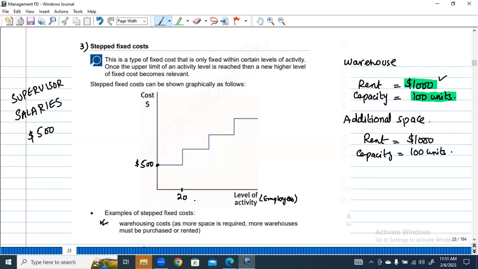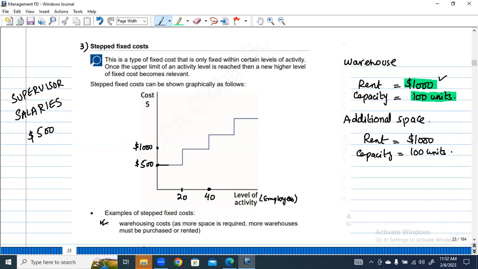But when, for example, the company needs to hire more employees, and the employees go above 20, you need to hire one more supervisor, and you will pay more salary. So the salary of one was 500, so the salary of two will be 1000. And he can again supervise up to the next 20 employees.